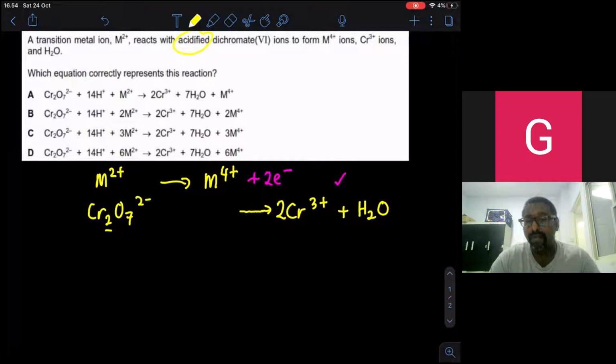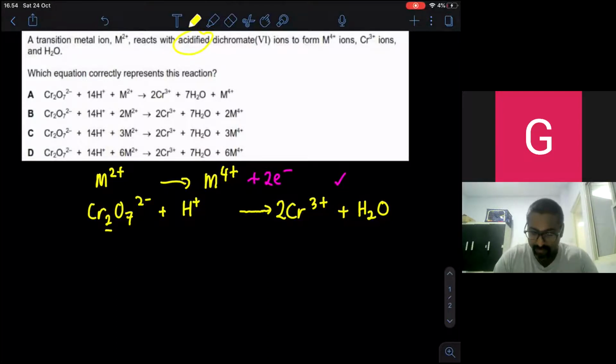Now if you have it in the form of water, you can ask me why on my left hand side there is no hydrogen. That's where the acidified dichromate comes in. The acidified dichromate actually has H+. So now we have hydrogen ions. So we try to balance the half equation.